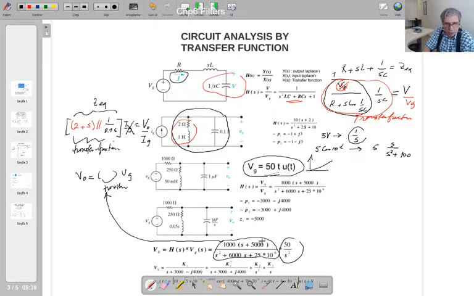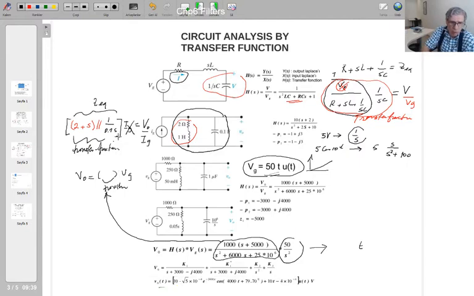This is a rational function, so you're going to transfer this rational function to the time domain. When you do that transfer, you're going to end up with this, isn't it? If I move this a bit up, this is the solution here.